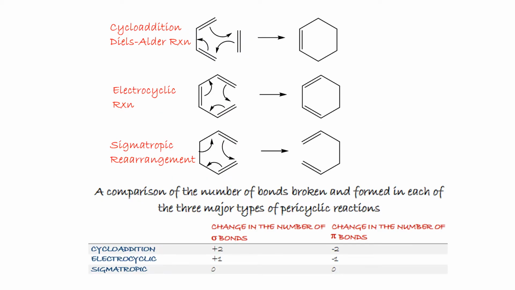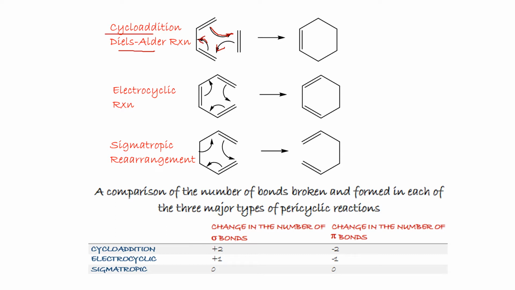The three types are cycloaddition reactions, like the Diels-Alder reaction, again in a closed loop, attack, forming pi bond.